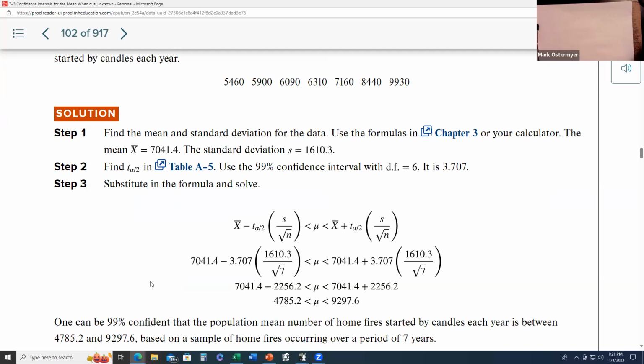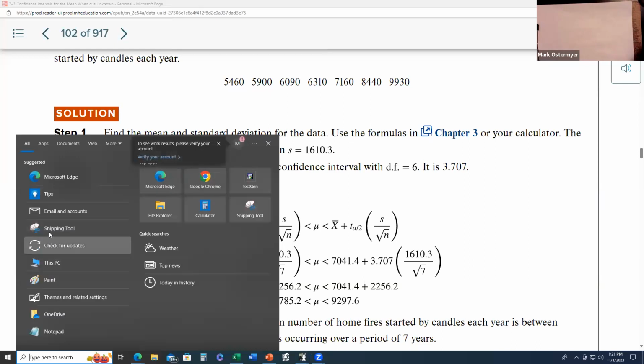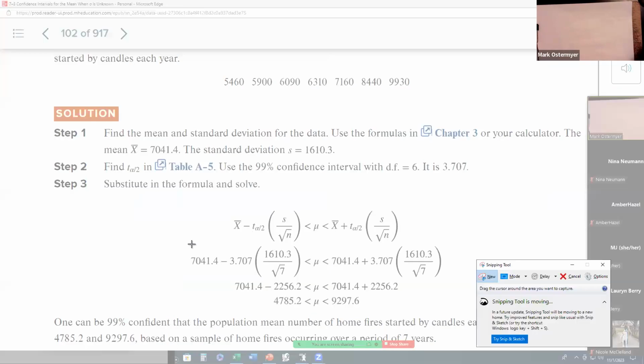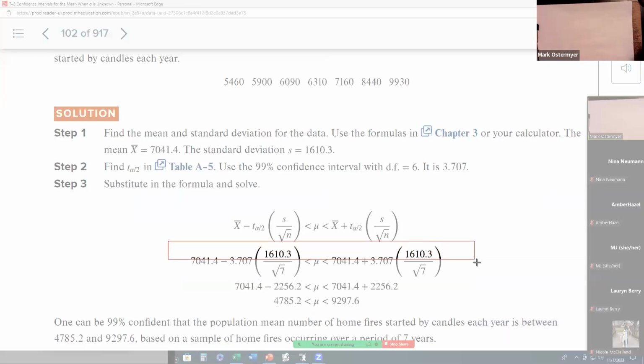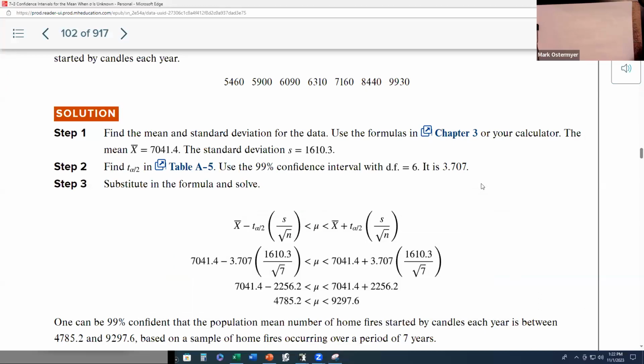Well, first of all, let me use my snipping tool here, because I got to go to a different page in this book. All right. Now, remember, how many degrees of freedom are there going to be? There's going to be 6 degrees of freedom, and it's a 99% confidence interval.